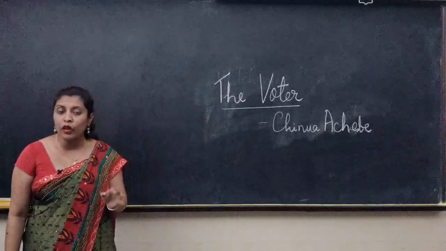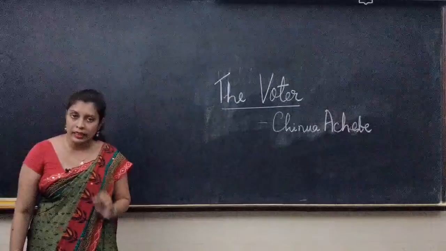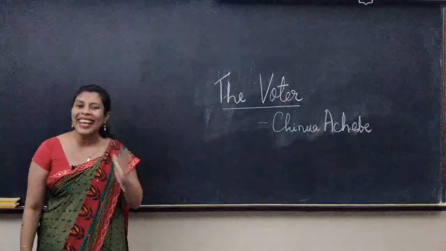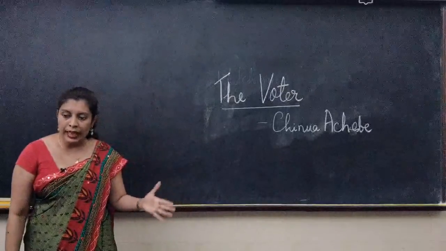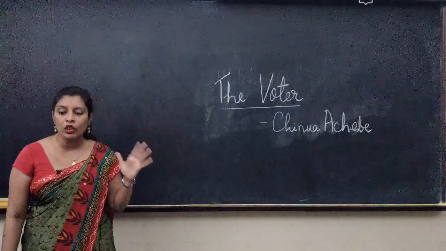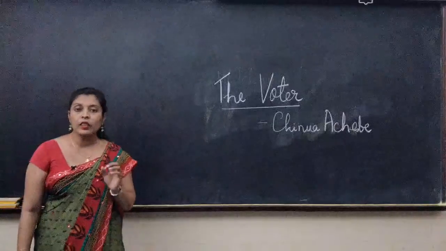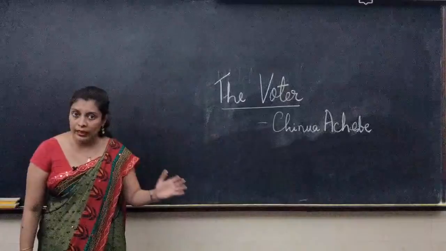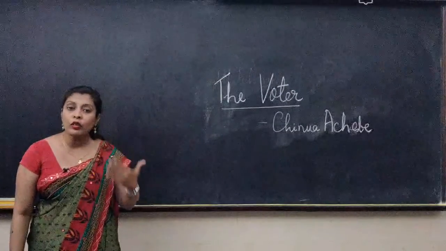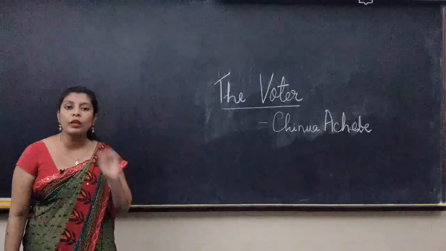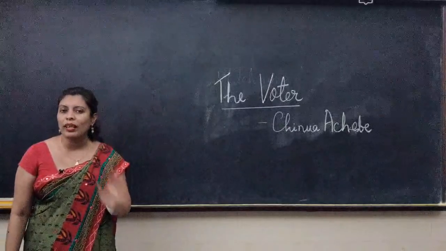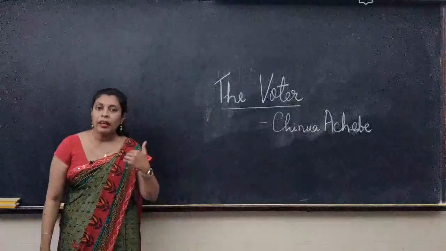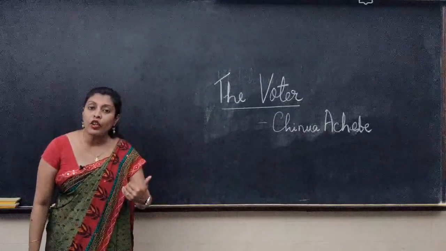Before we start reading the lesson, I request all the students to keep your textbooks open. The lesson is The Voter, the 12th lesson, written by Chinua Achebe. Keep your lesson open and also keep a pencil with you so that whenever you are asked to underline some sentences, you can underline those which are important for your 1-mark questions.